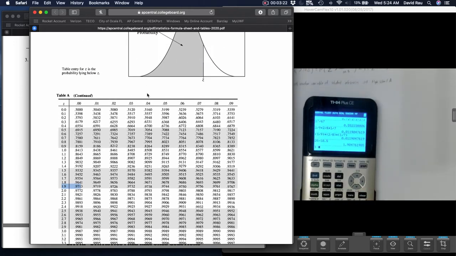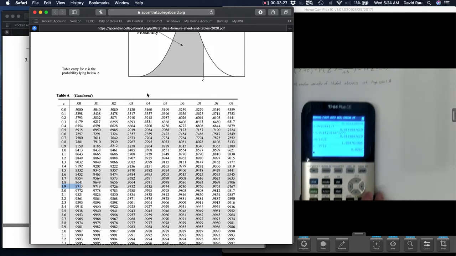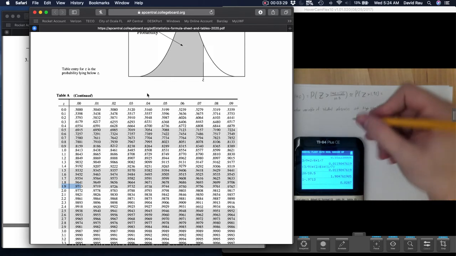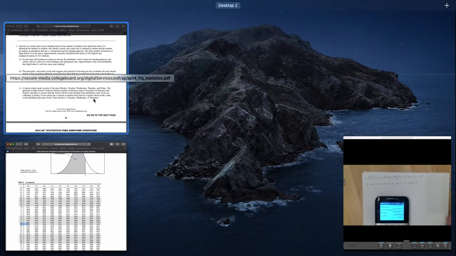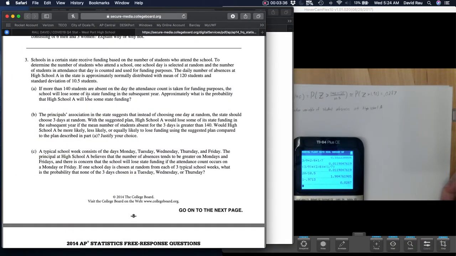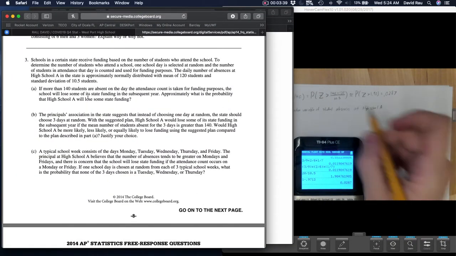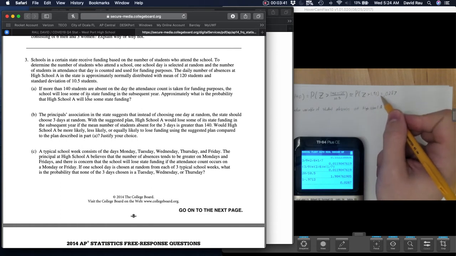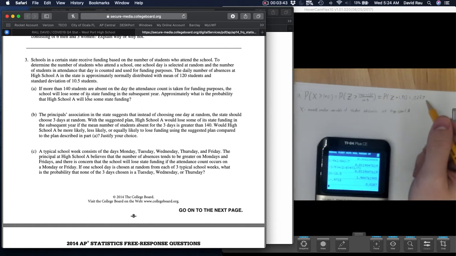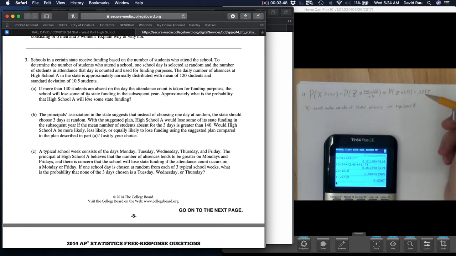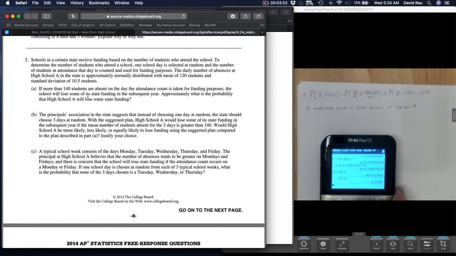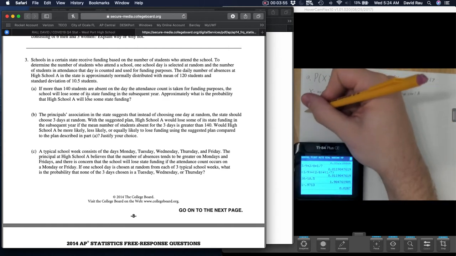So we're going to do 1 minus 0.9713, and it turns out we get 0.0287. That's the probability that we lose funding. So, hooray. For sake of time, we can say it's approximately 2.9% that high school A will lose some state funding. But I'm going to move on for now.